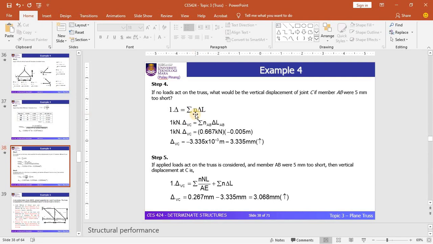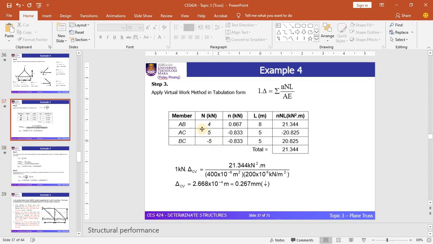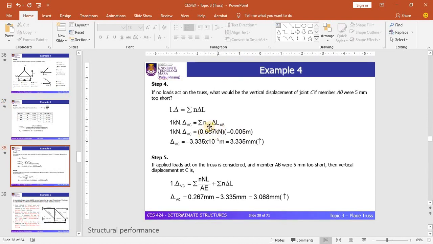The n is referred to nAB, the member that has been affected, which is member AB. By looking at the diagrams, the value of n for member AB is 0.667, so this term has been substituted by 0.667.